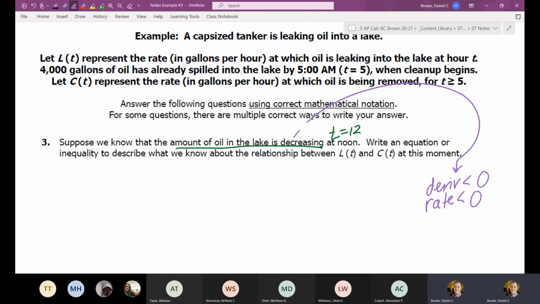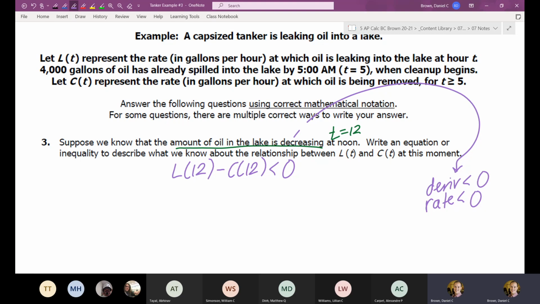We already said L and C are already the rates. Those are already representing derivatives. So if we know that the amount of oil is decreasing at noon, then I know that L of 12 minus C of 12, whatever value that is, would have to be less than 0. Some people might write that another way. That's kind of how my brain thinks of it. So we still have the in rate minus the out rate.